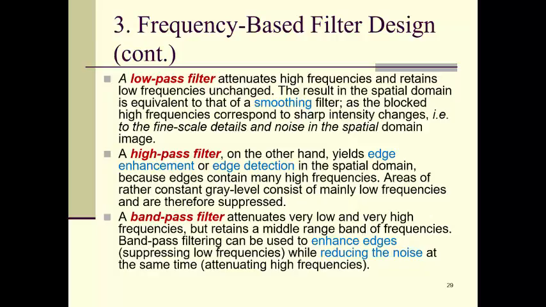I want to attenuate the very low frequencies and the very high frequencies. So in this case, I may have a small circle here at the center, and I may have a bigger circle, something like this. This will be the black part, and this is the only band of frequencies that I will allow to pass.